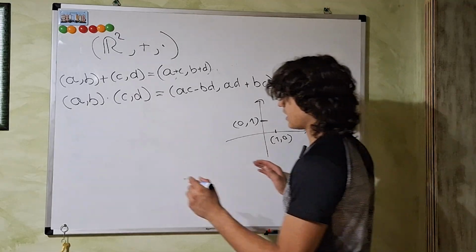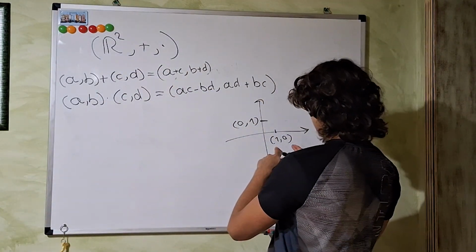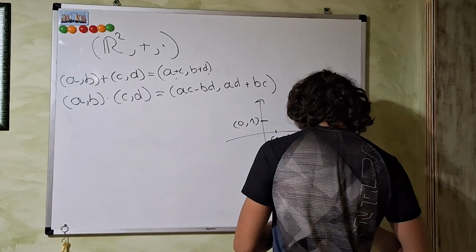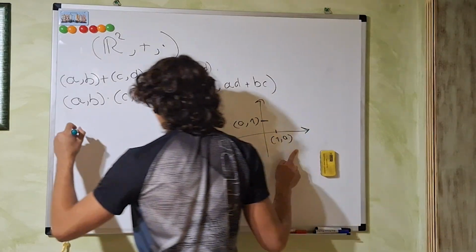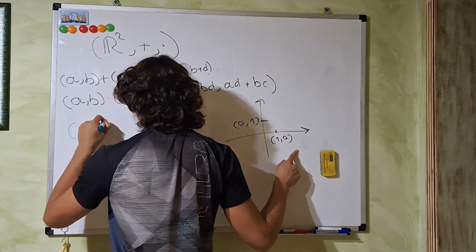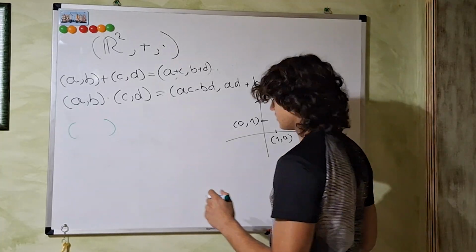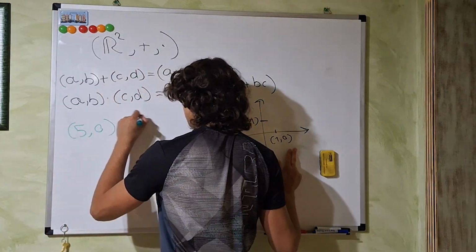If we take any real number, and we can identify real numbers using complex numbers, we will come back to this in a second. For example, the number 5 is identified with (5, 0).